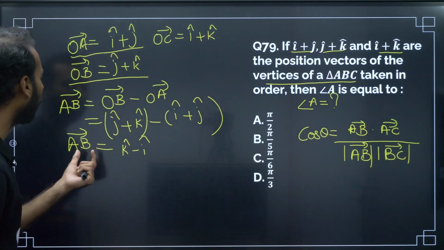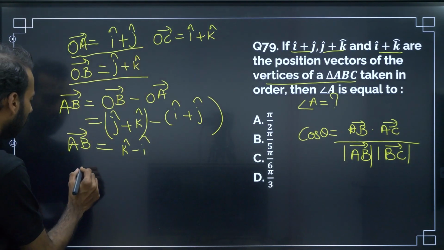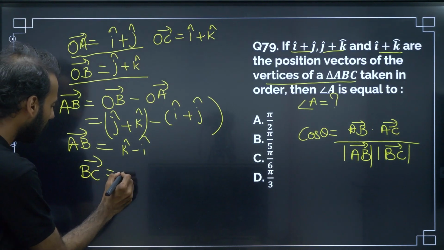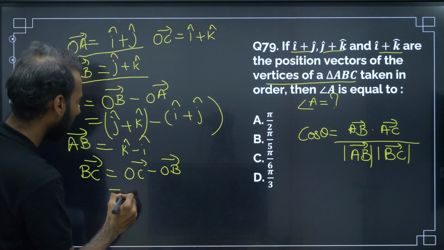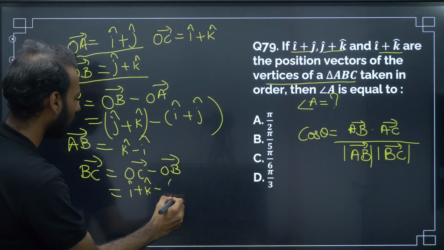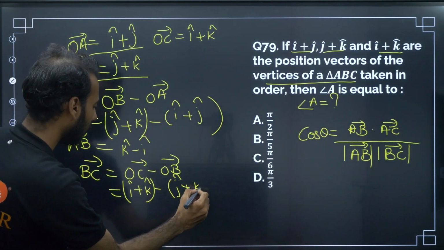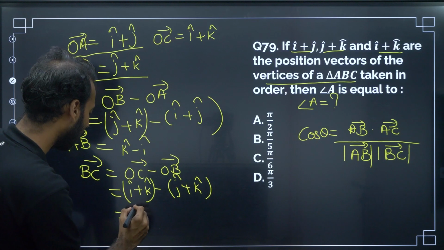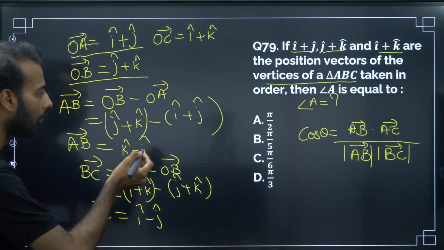Next, BC vector is OC vector minus OB vector. OC vector is already given, i cap plus k cap, minus OB. What is OB vector? j cap plus k cap. So i cap minus j cap. This is BC vector.